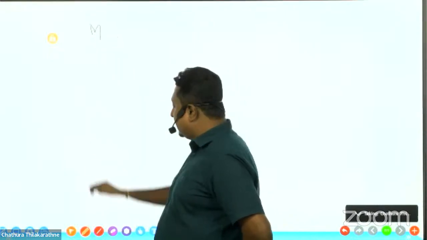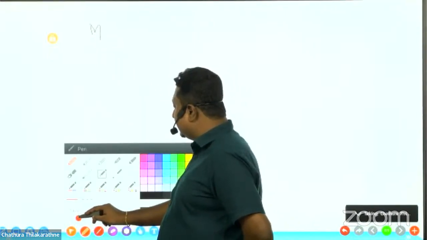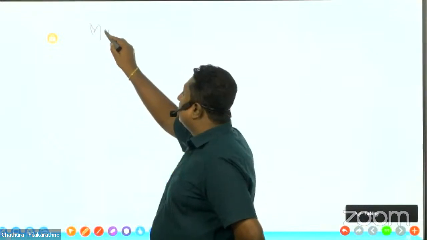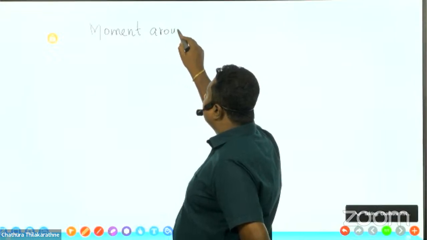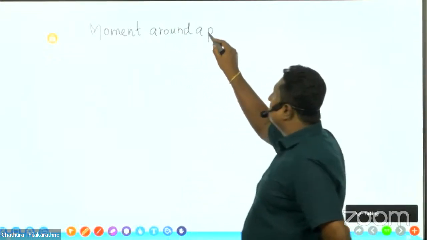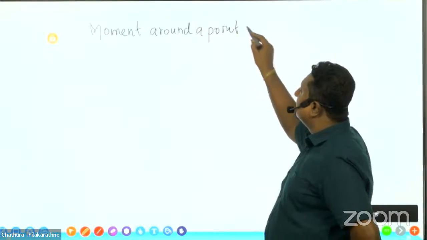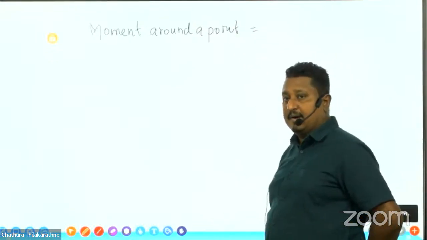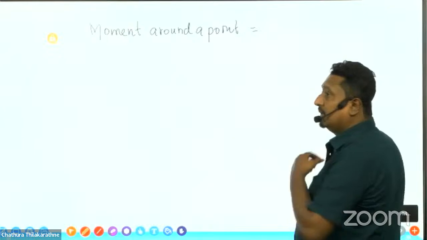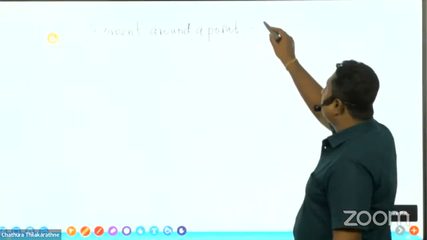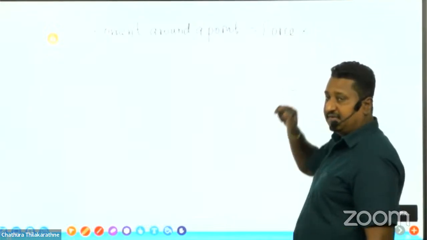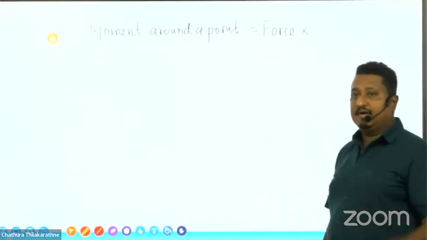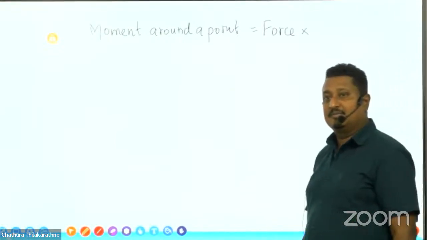Can you remember that? Moment of force around a point. Moment around a point is the product between the magnitude of the force and the perpendicular distance to the line of action from the axis of rotation.